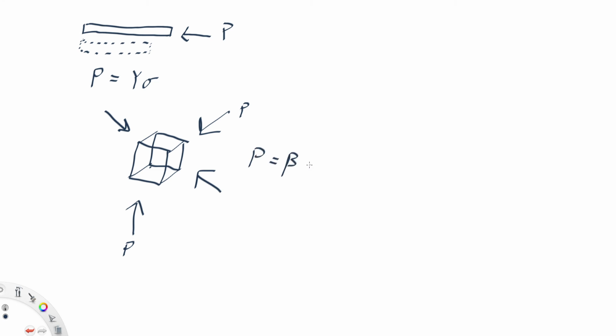So if we have a three-dimensional object, and we are pushing in from all sides with a given pressure, then we'll have pressure equals the bulk modulus times the strain, right? Fractional change in volume.